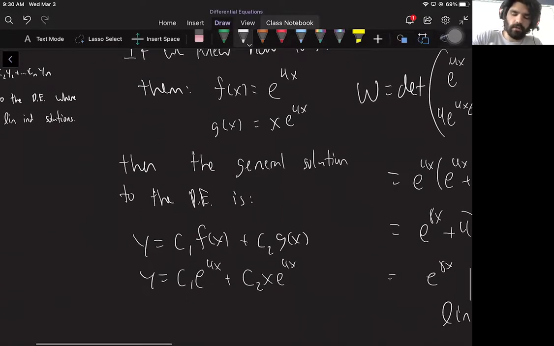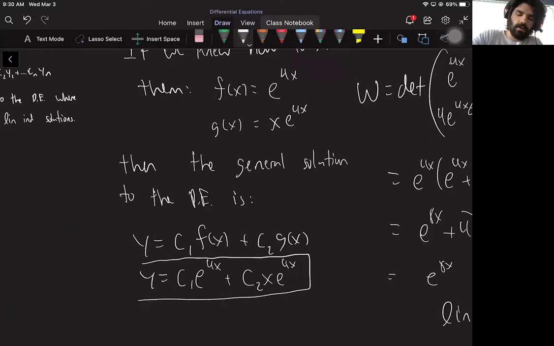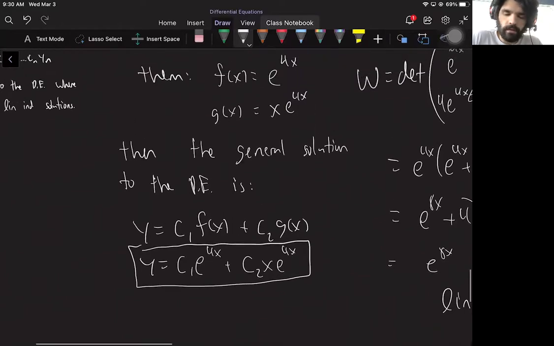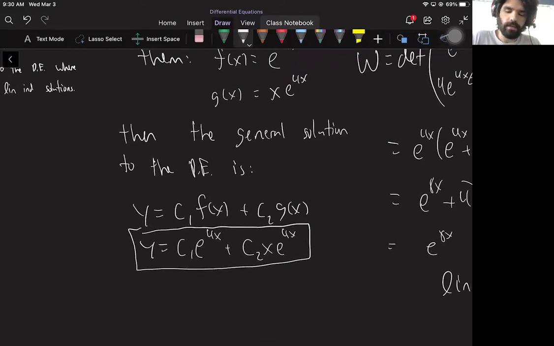So this is my general solution. And general means any solution you could possibly imagine. There's no secret other solutions. They all look like this by choosing different C1s and C2s. The solutions are covered by this.